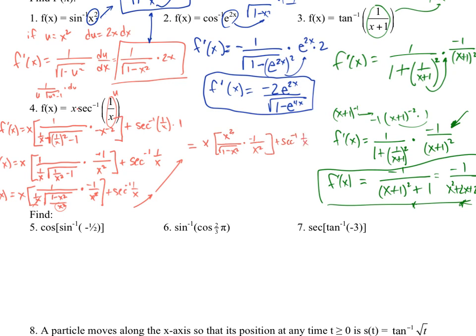When all is said and done, you end up with f prime of x equaling negative x over root 1 minus x squared plus the inverse secant of 1 over x. Yes, I did skip a few steps from here to here. It's just simplification steps. Go ahead and try it out on your own, but that's what you should end up with when all is said and done.